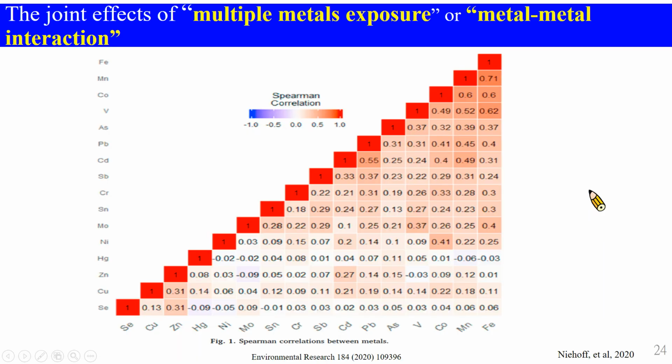So there are several hypotheses being proposed to explain the association between essential trace elements, or metals or elements as a whole, and obesity or metabolic syndrome. For example, one hypothesis is that this may be due to the joint effects of multiple metal exposure, or so-called metal-metal interaction.